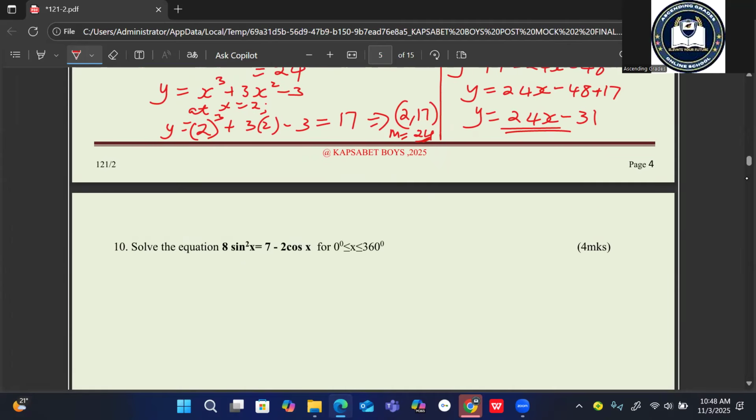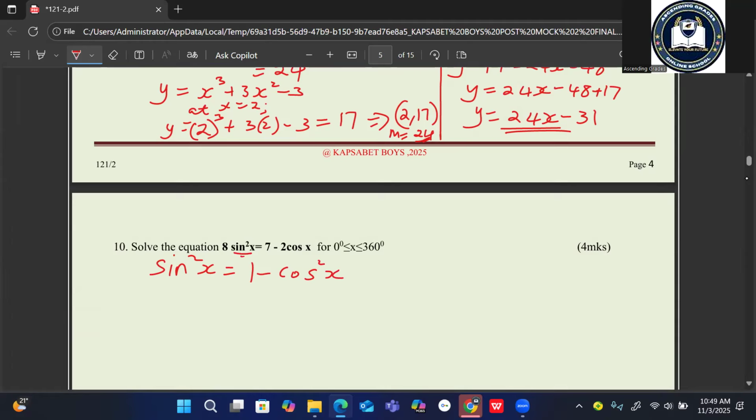Solve the equation 8 sine squared x is equal to 7 minus 2 cos x for x greater than 0 degrees and less than 360 degrees. So we know that sine squared x is the same as 1 minus cos squared x.